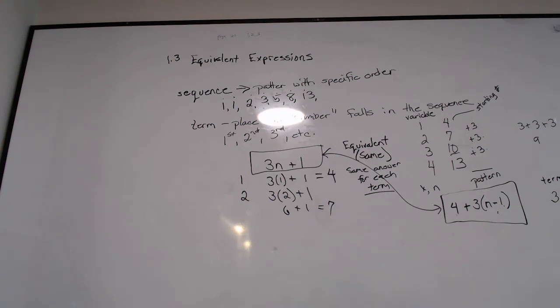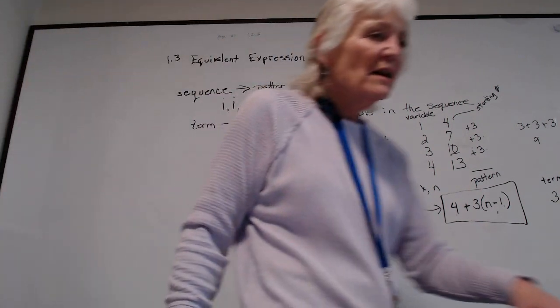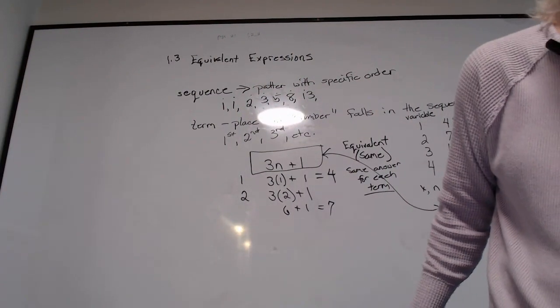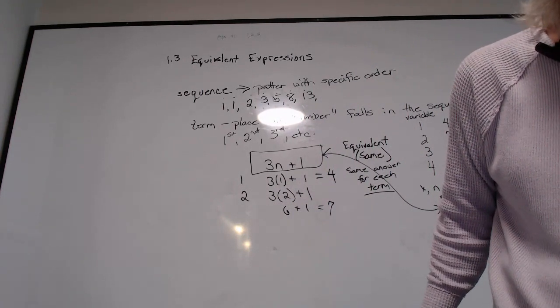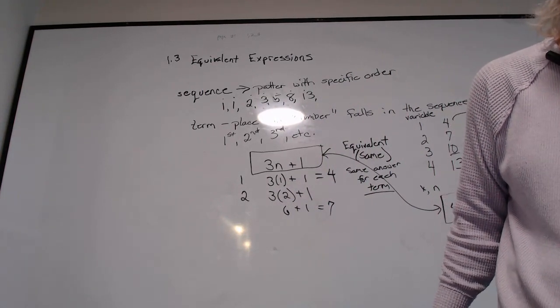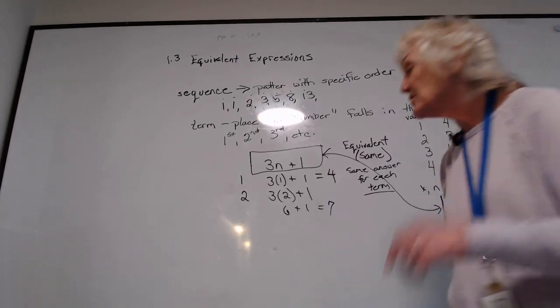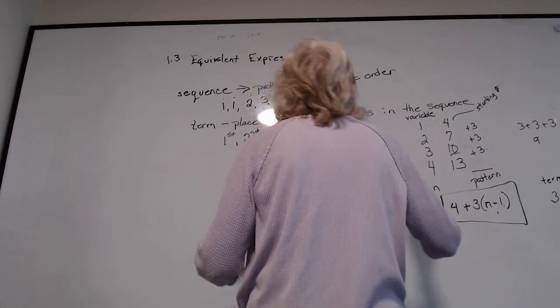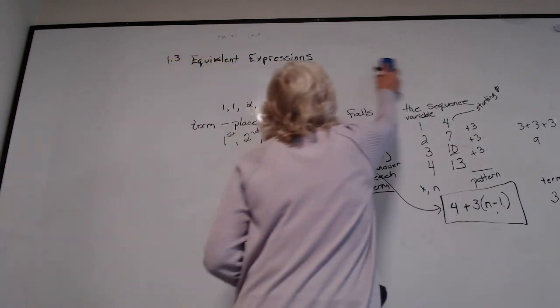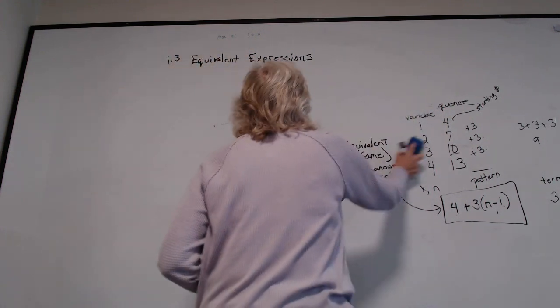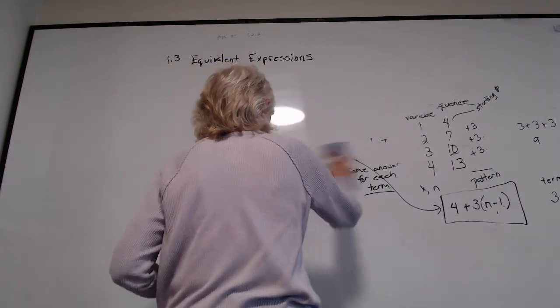Okay, so let's check one. They gave us here, let's say, this is our expression. We have k minus 8 plus 5 and k minus 13. These are the two expressions that these guys came up with. So we're trying to see if they're equivalent or not.